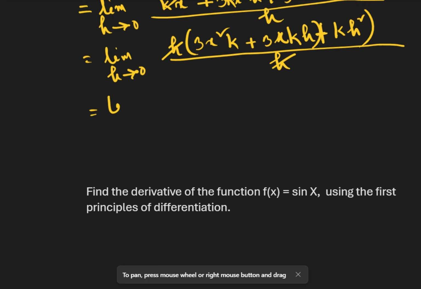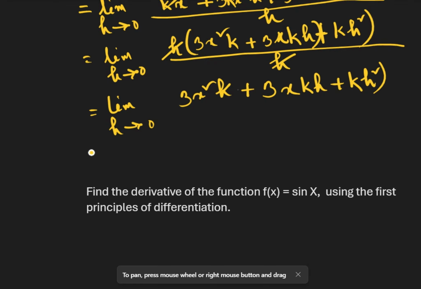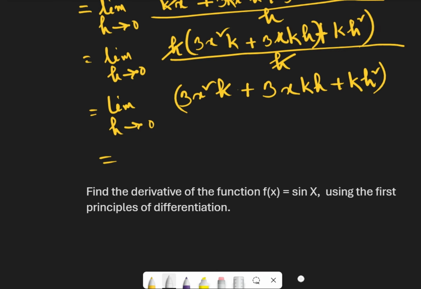Now limit h tends to 0, what is left? 3kx square plus 3kxh plus kh square. Now it's time to plug in 0 instead of h. So here it will become 0, and here it will become 0 square. So these two terms will be 0.